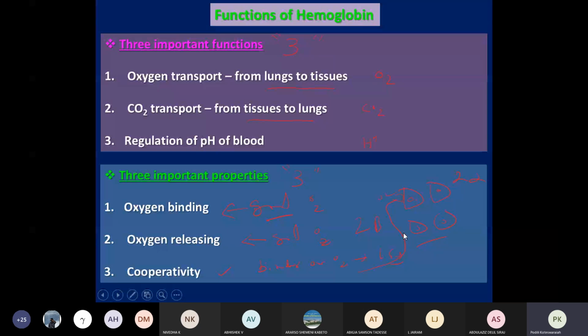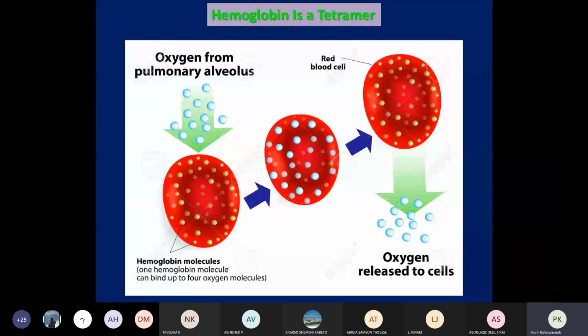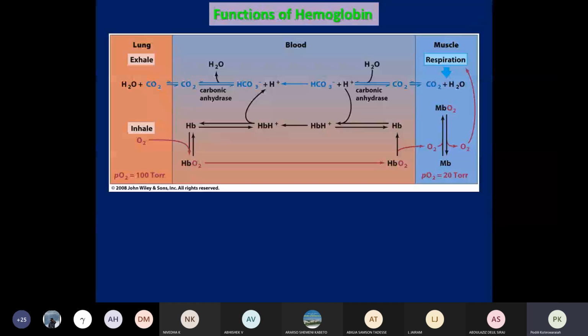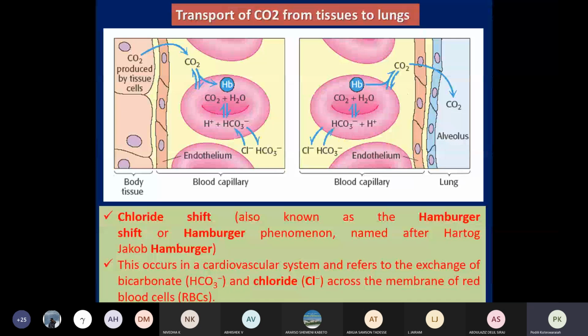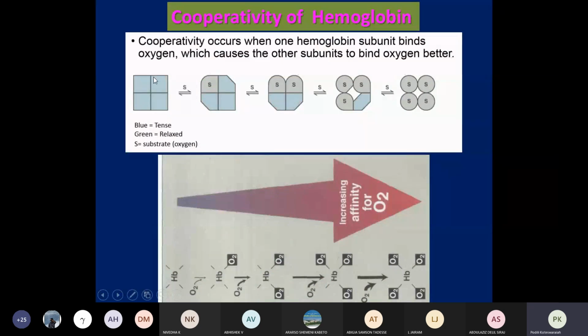This is exhibited by multimeric proteins. Hemoglobin is also a multimeric protein, and it exhibits cooperativity. You can also see in this diagram that it is a tetramer, and with increasing binding, binding of the first oxygen molecule to the first subunit increases hemoglobin affinity towards the second oxygen molecule.